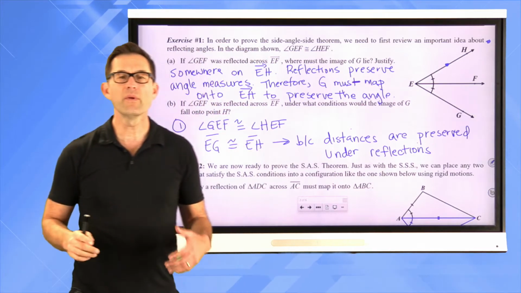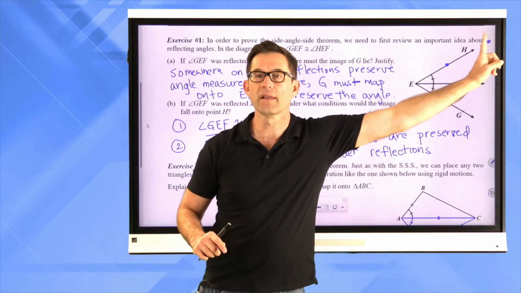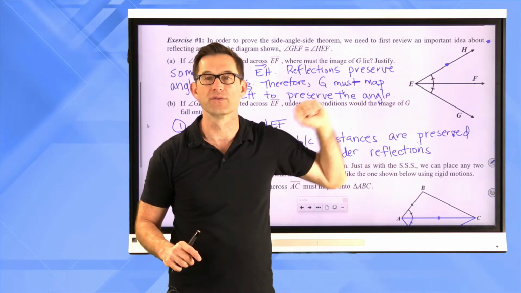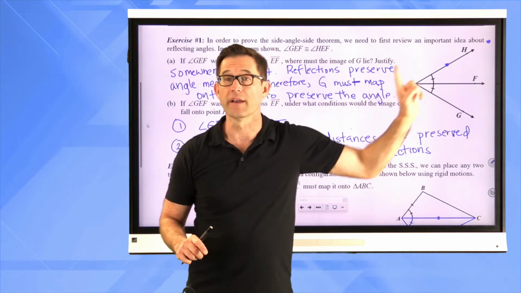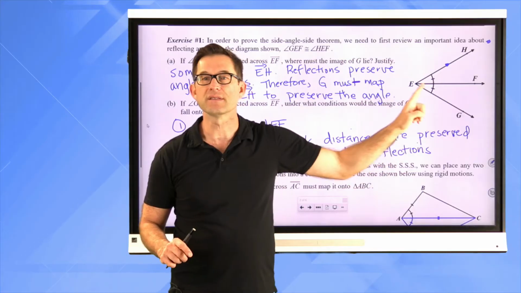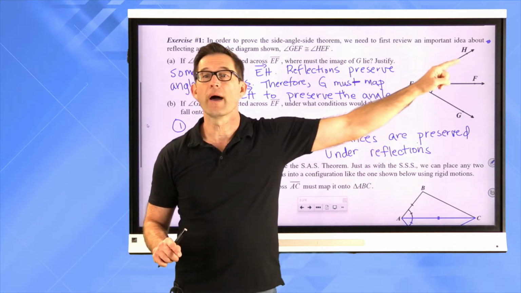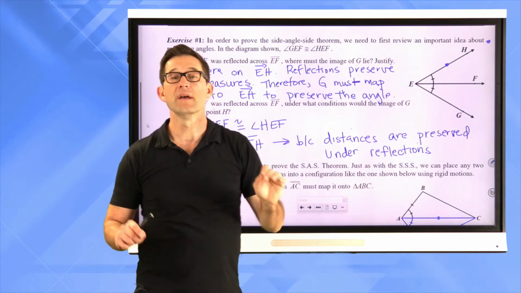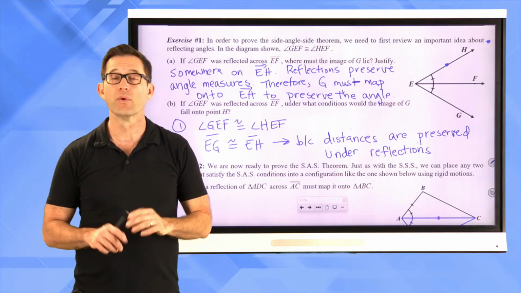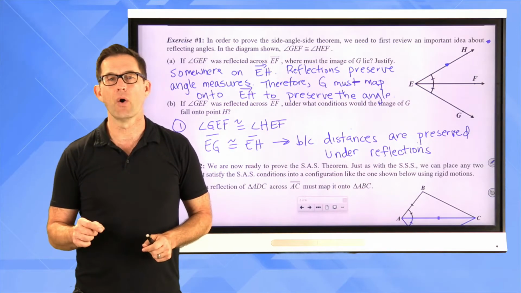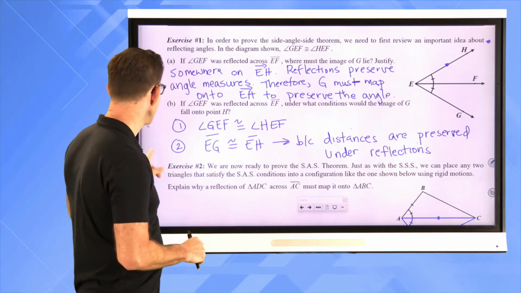And you can really picture this. I flip this angle over and G has to land somewhere on here because these two angles are congruent. But we don't know where G falls on here. But if G is the same distance from E that H is, then G prime would be where H is simply because the distances get preserved. All right, really critical. And we saw that come up on a homework a bunch of lessons ago, but I wanted to review it.